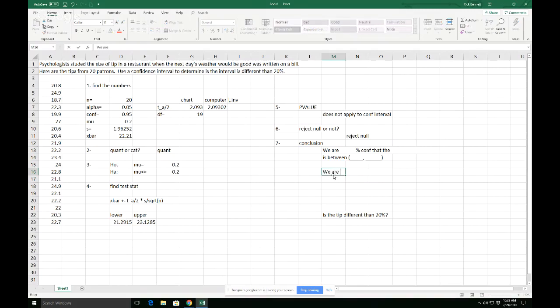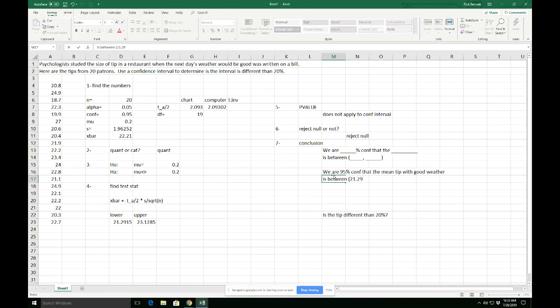We are 95% confident that the mean tip with good weather is between 21.29, and it's always the lower number first.